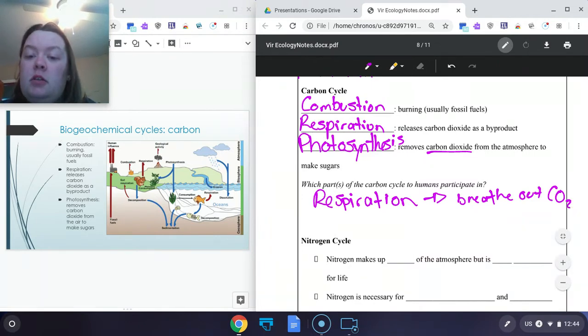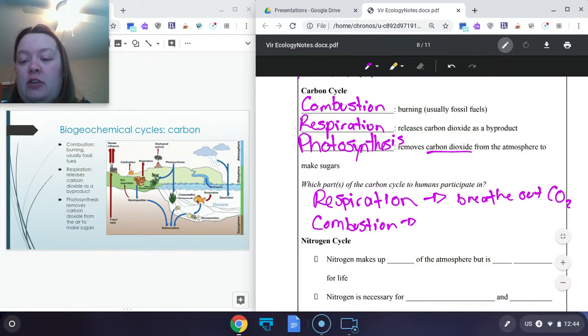However, humans can also burn fossil fuels. So we help with combustion. So we do not ourselves combust, no. But humans are responsible for the physical burning of fossil fuels. Humans decide to burn fossil fuels. So we aid in that as well.